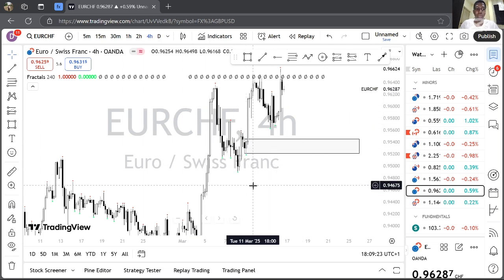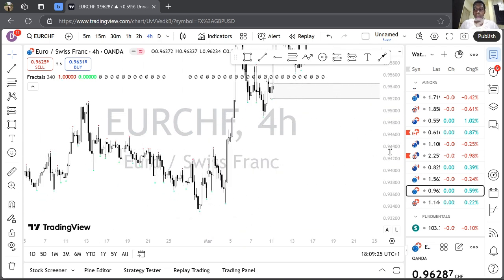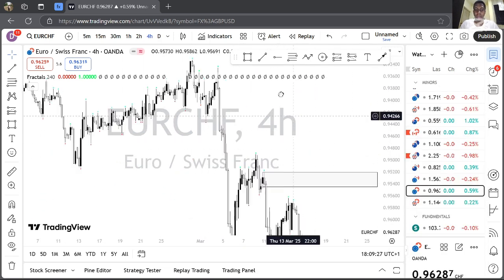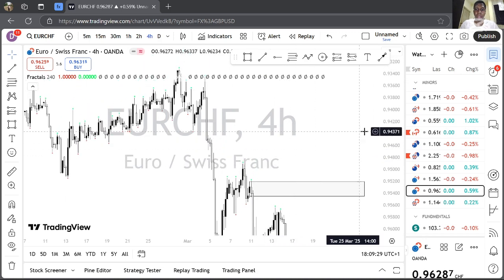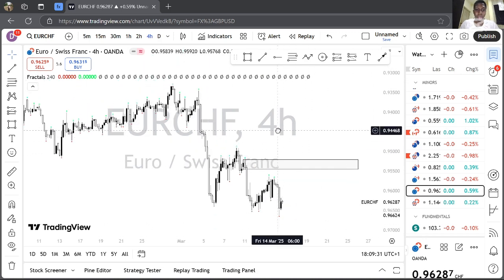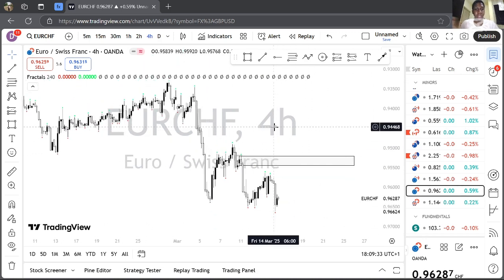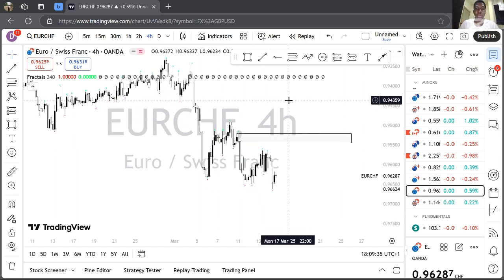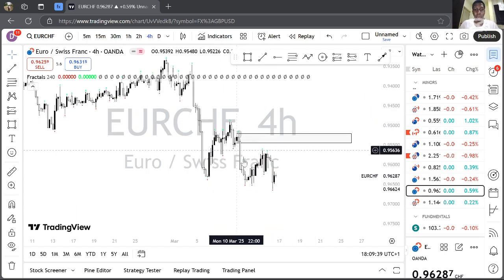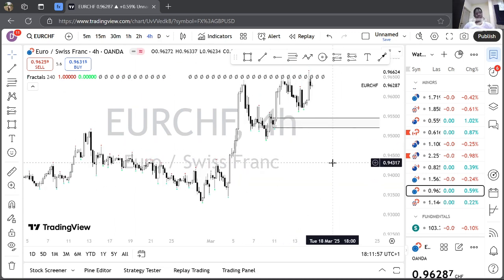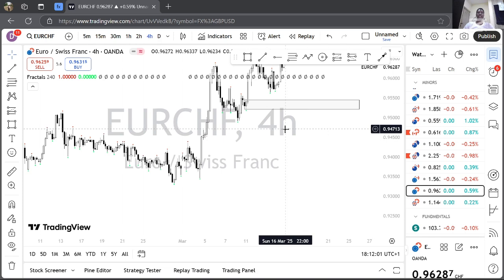A supply zone will be in the opposite order. So this is how a supply zone will be. Instead of pushing price in the upward direction as in the demand zone, a supply zone will see price being pushed in the downward direction. Supply zones form when institutions place large sell orders, driving price down.